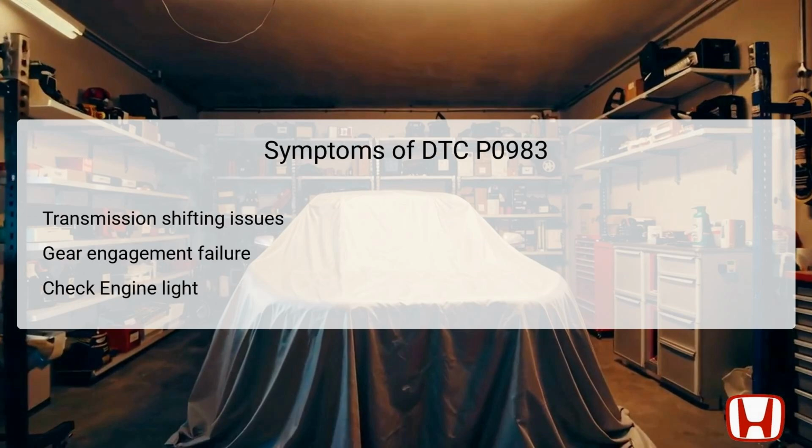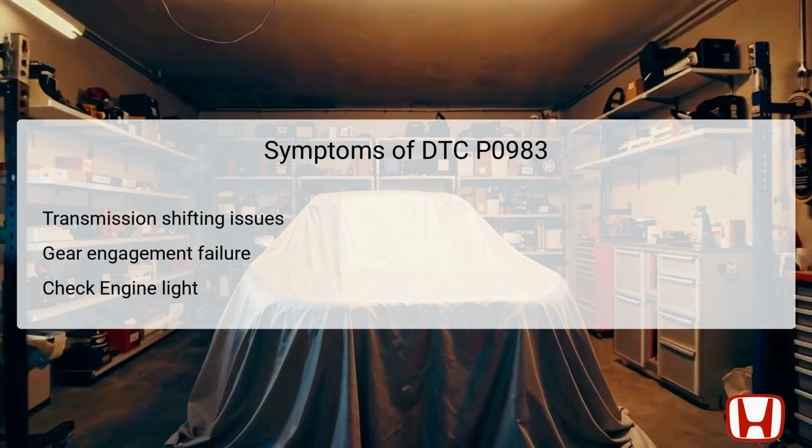When the P0983 code is triggered, several symptoms may manifest, primarily related to the vehicle's transmission behavior. One of the most common symptoms is an inability to shift gears smoothly, which may result in hard shifts or even the transmission failing to engage in certain gears.